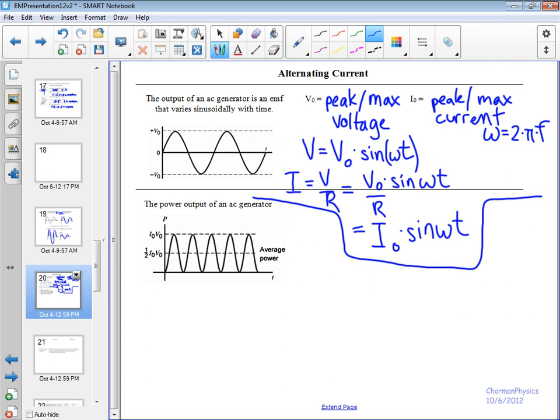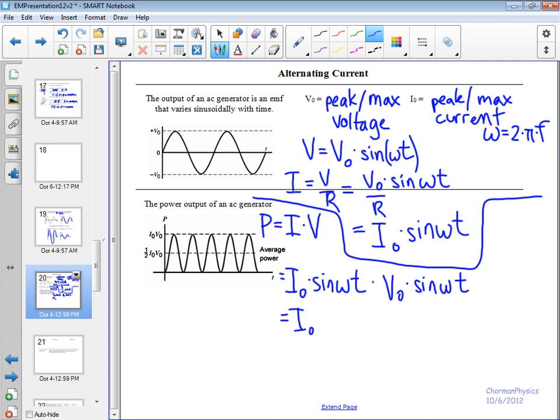The power output of an AC generator is going to be given as before, where power is just equal to current times voltage. What you see when you do that is we get I naught times sine omega t times V naught times sine omega t, and we get I naught times V naught times sine squared omega t.